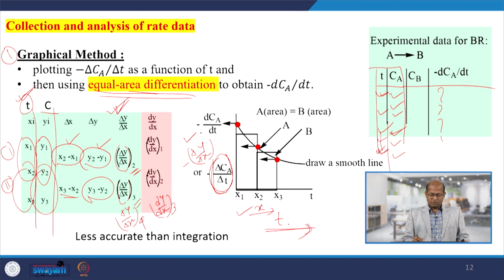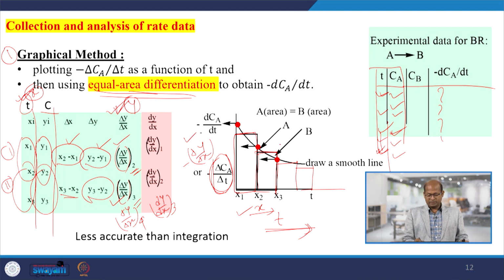The first points we need, that way we can take equal-area differentiation, and this type of data we can plot, with y axis and x axis.